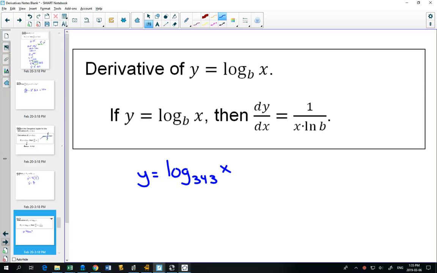So the question is, could you change log base 343 of x to using a different base? And here, do you remember the change of base theorem? If not, we'll review it right now.